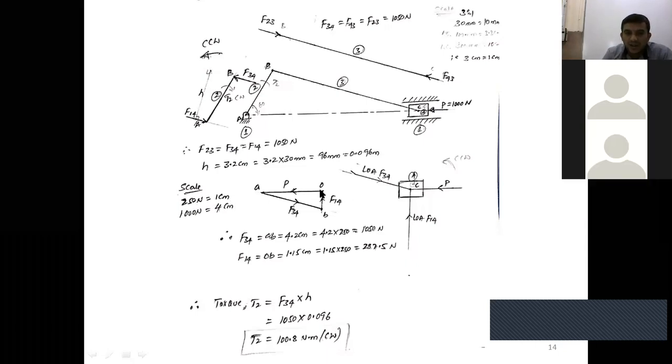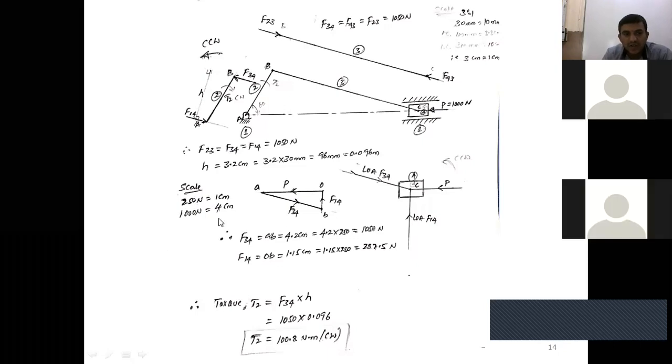Now, draw a horizontal line. The first point, the tail of the line, is called O. In what direction? P is acting towards the left, right? So in the left direction, you draw the horizontal line. Then OA along the horizontal line: how much do you measure?